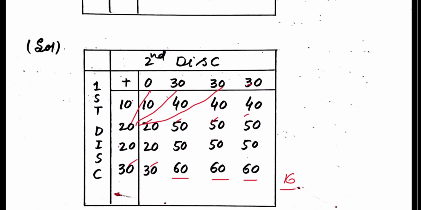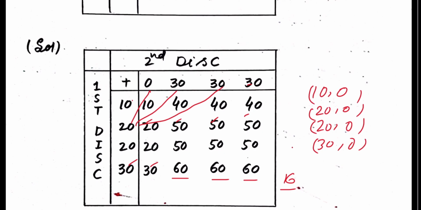The sample space in which the first number is greater than the second number: these are four possible outcomes: 10 0, 20 0, 20 0 again, 30 0. These 4 possible outcomes are combinations of these numbers with 0.